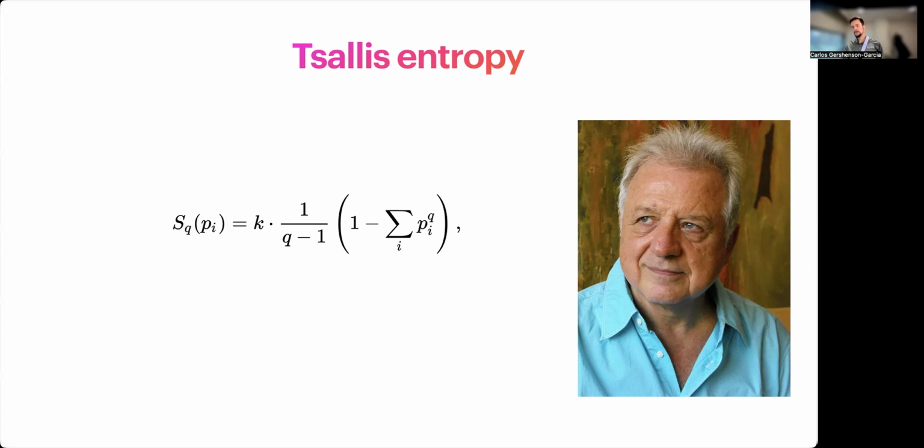But then you need to guess or approximate or have some insight on which exponent Q you will use. If Q tends to 1, then you recover traditional Boltzmann-Gibbs, which is the same as Shannon entropy. Alfred Renyi made a different generalization.